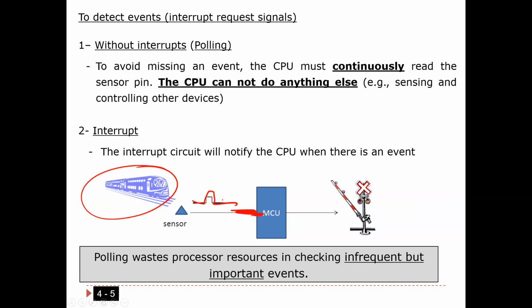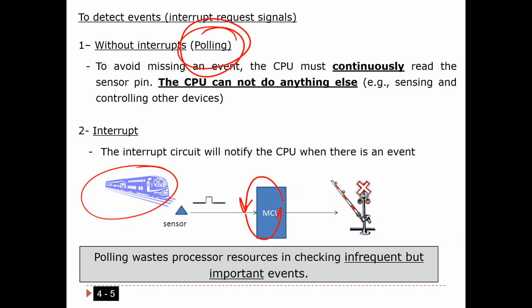So polling means continuous checking. Here the CPU has to check the pin. Are you one? No. Are you one? No. So that's what I mean by polling: you have to continuously check the pin.